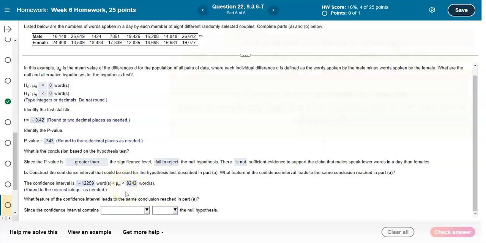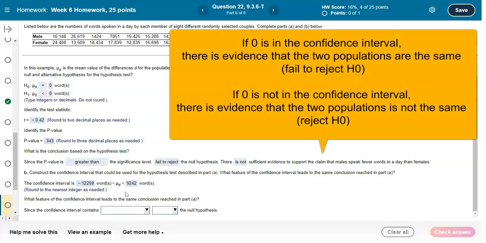What we're looking for is to see if the value of 0 is contained in the confidence interval. And in this case it is. The lower limit is a negative number. The upper limit is a positive number. So 0 is certainly a number between these two values. Any number between these two values, we have to assume the difference between the males and the females could be in this range.